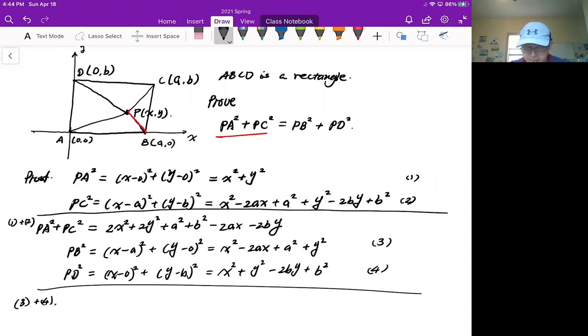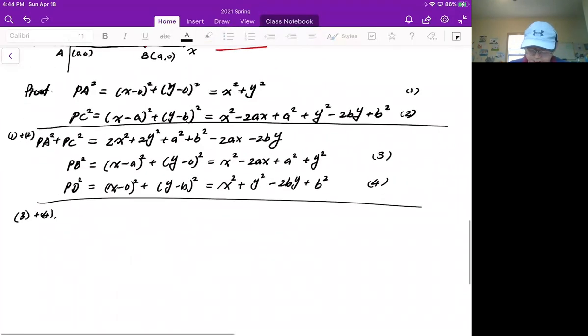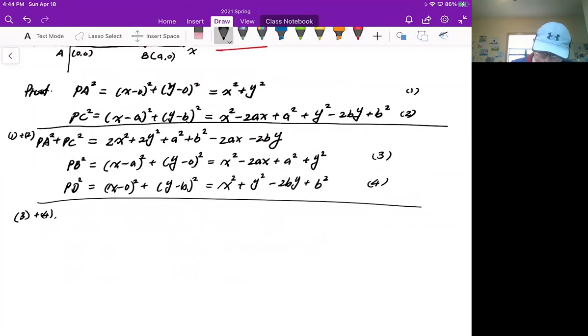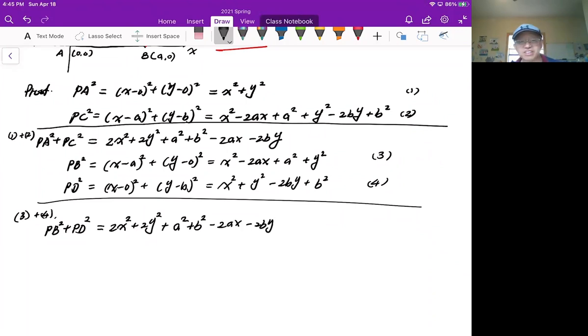Okay. And I'm almost done because if I add them together, then you can see something magic. So x squared, that's a 2x squared. Y squared, that's a 2y squared. I get the a squared, I get the b squared. I minus the 2ax minus the 2by. Can you check, are they the same?